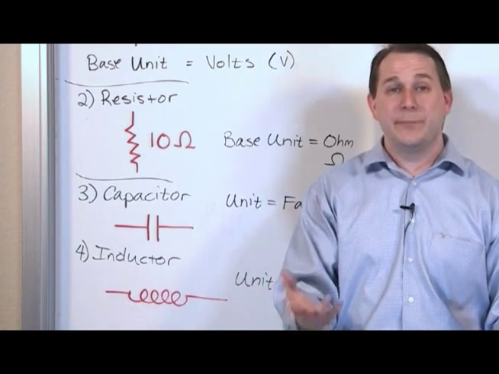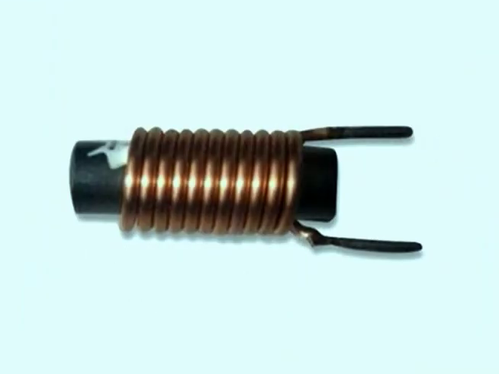Now, if you were to look at a picture of an inductor, literally it's a coil of wire. That's all it is. You could build one in your house. Now, the more turns you have on that coil, the higher the inductance is what we call, so the more henries you have. And also, if you put different materials inside of this coil, you're going to affect the inductance.